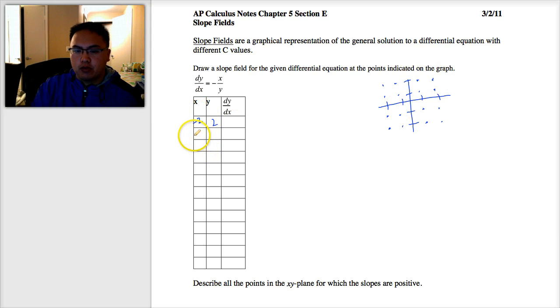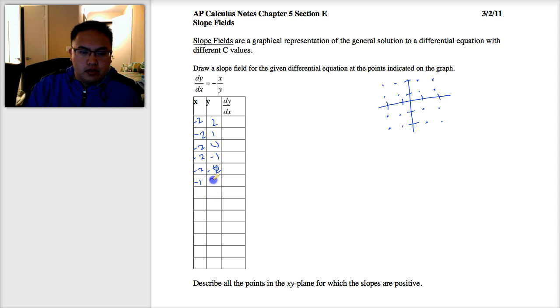What I'm going to do in the table is write each of those. At negative 2, I have these ones. Then if I move over to the next one, negative 1, oh, I'm going to run out of space. Oh sorry, this should be negative 2.